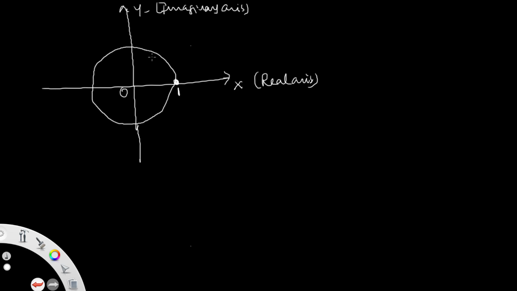Plotting the points, another point is omega. Omega means minus 1 by 2 plus root 3 by 2 into i.